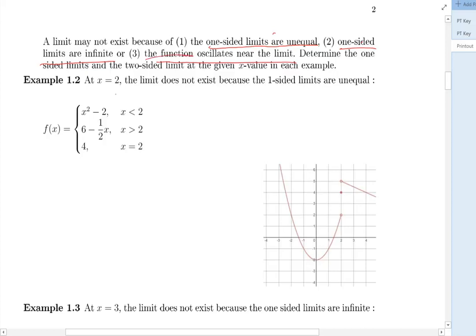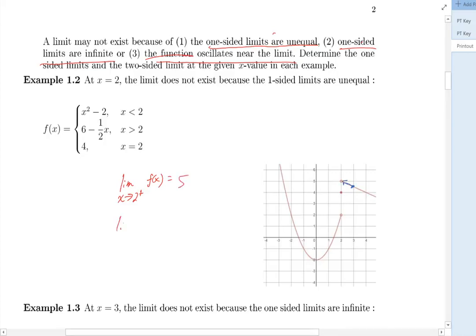So this first example says, at x equals 2, the limit does not exist because the one-sided limits are unequal. Let's write out the calculations that support that to make sure you understand. The limit as x goes to 2 plus of f of x: if I start to the right of 2 and trace the graph, allowing x to approach the value of 2 from the right, the y value is getting arbitrarily close to what number? 5.